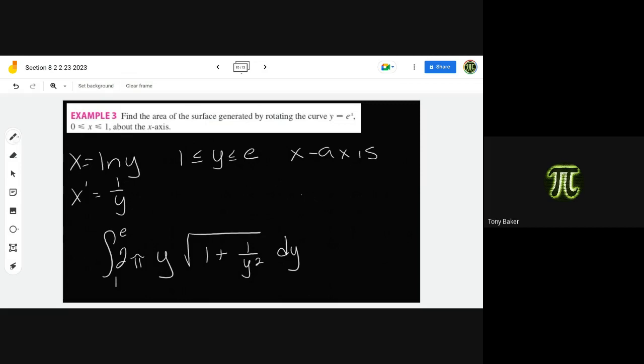So if I try u substitution here, I make u equal to 1 plus 1 over y squared. So du is -2 y to the -3rd power. Still doesn't get me anywhere.